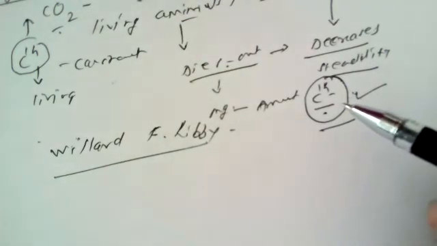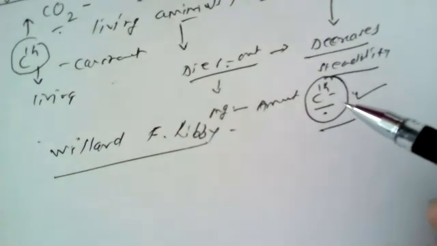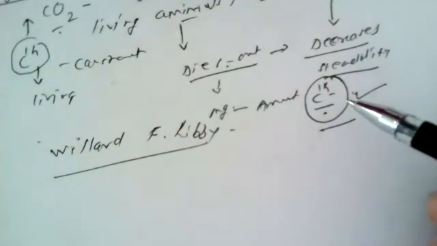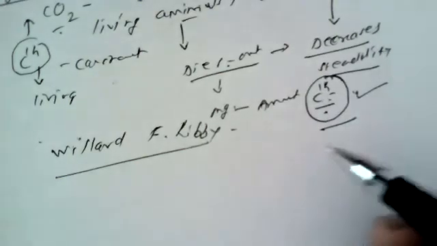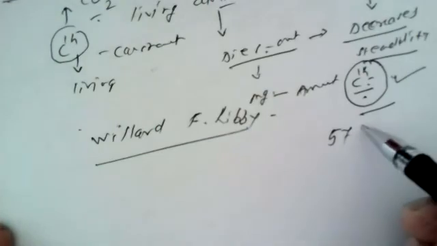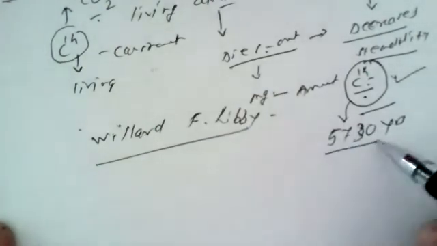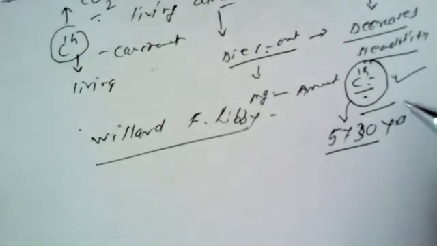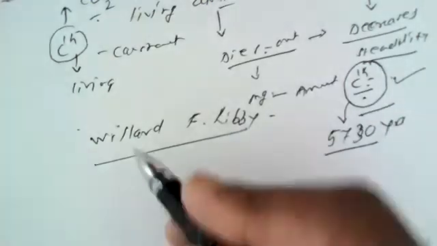The technique is based on the fact that preserved objects contain a measurable amount of radioactive carbon in the form of carbon-14, shown here. It has a half-life of about 5,730 years. A small amount of carbon-14 is also present in the atmosphere, mainly in the form of carbon dioxide.